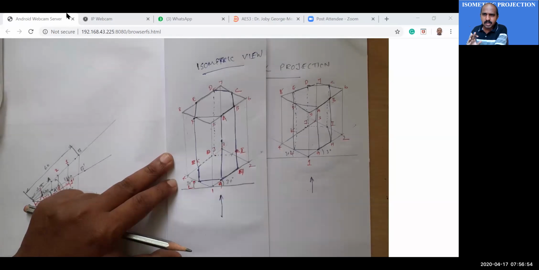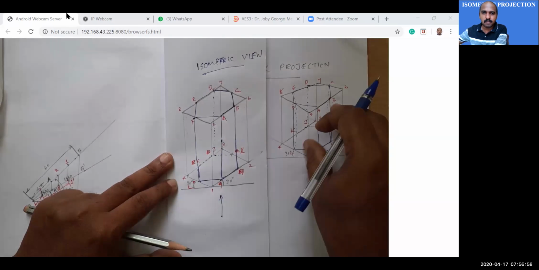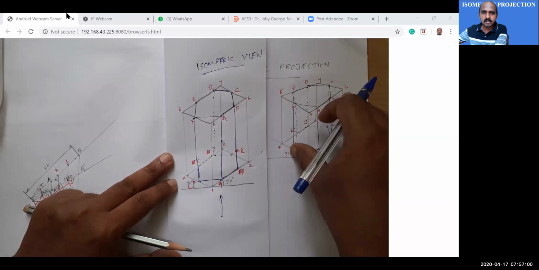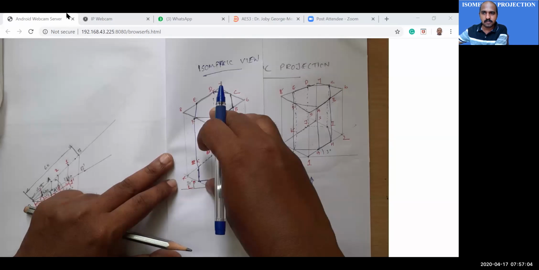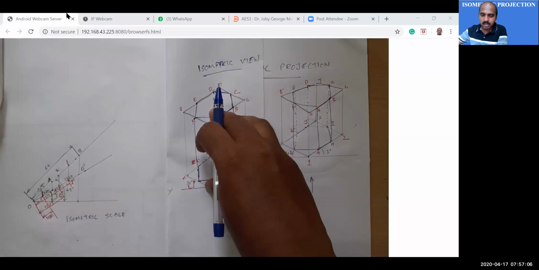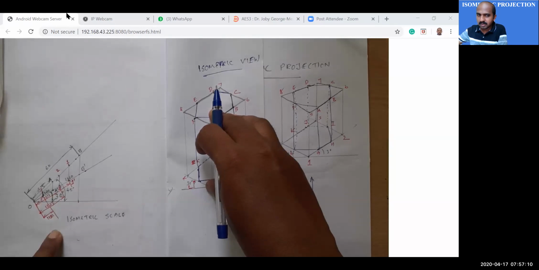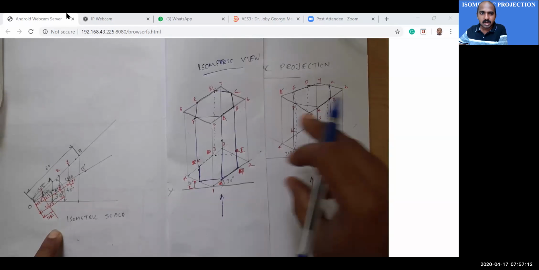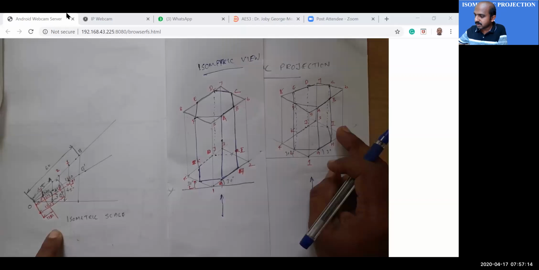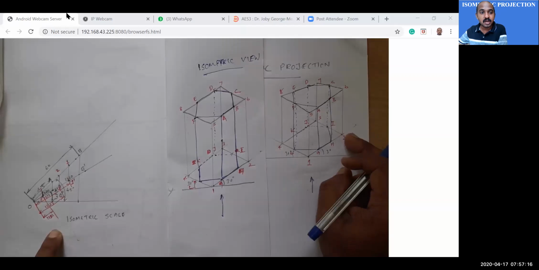Now you get an idea that the time taken for completing an isometric projection is more than the time taken for completing an isometric view, because you need to draw an isometric scale when drawing an isometric projection.